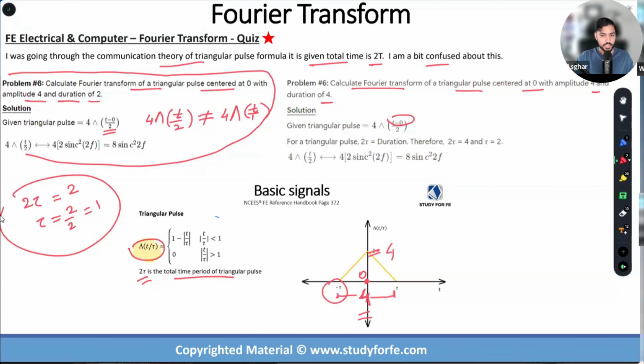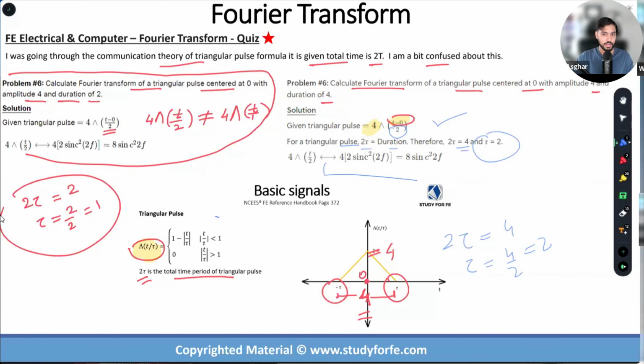So let me actually extract the value of tau. The magnitude is 4. That's good. Centered at 0. And how do I figure out the value of tau? I recognize that 2 tau is equal to 4, which means that tau is equal to 4 divided by 2, which is equal to 2. So this is correct, because for a triangular pulse, 2 tau is equal to total duration.